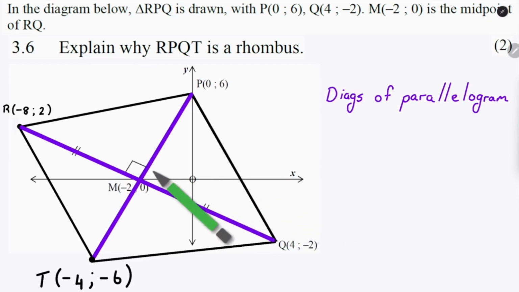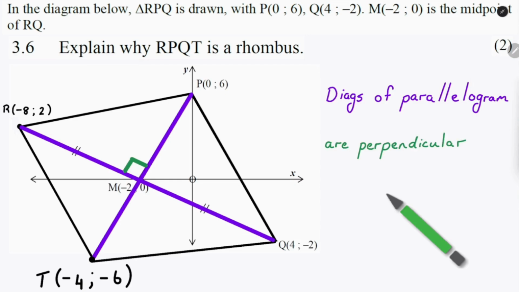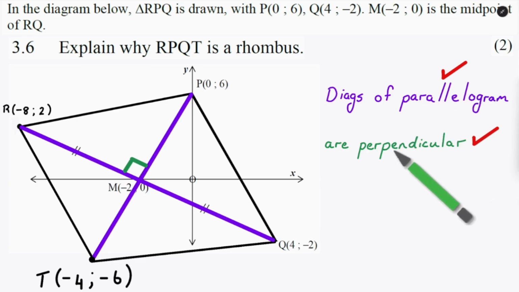So if you have a parallelogram and you see a 90-degree angle here, that automatically makes it a rhombus when the diagonals of a parallelogram are perpendicular, because that is the crucial difference between them. We can also prove that adjacent sides are equal, but that's a very long way around, especially for 2 marks. And you'll simply be awarded one mark for the diagonals of a parallelogram. That word has to be there. You cannot say quadrilateral. And the second mark comes from saying are perpendicular.